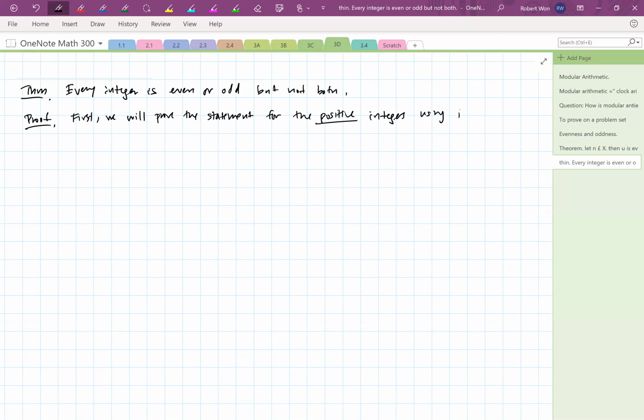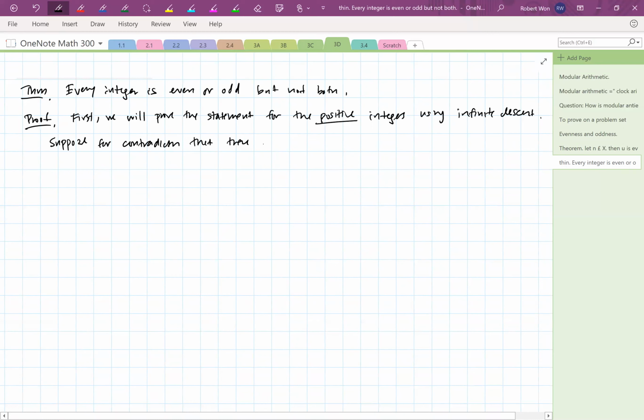Using infinite descent. Suppose for contradiction, since I'm trying to prove that something doesn't exist, that I have a positive integer n such that either one, n is both odd and even, or two, n is neither odd nor even.